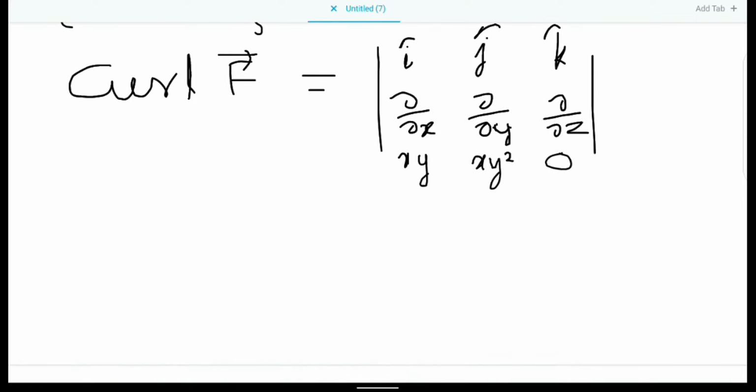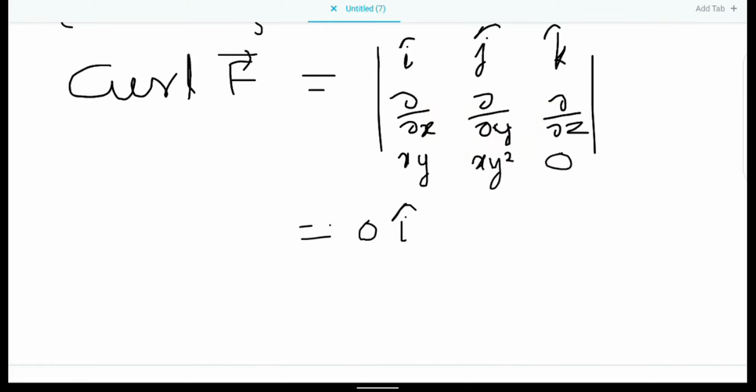Now we can compute this. Del/del y of 0 is 0, del/del z of xy squared is also 0. So the i component is just 0. For the j component, del/del x of 0 is 0, del/del z of xy is also 0.